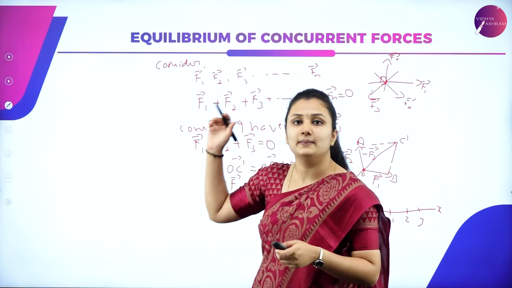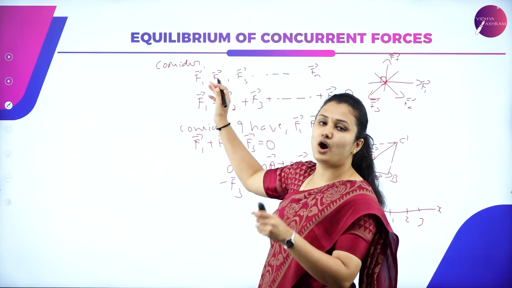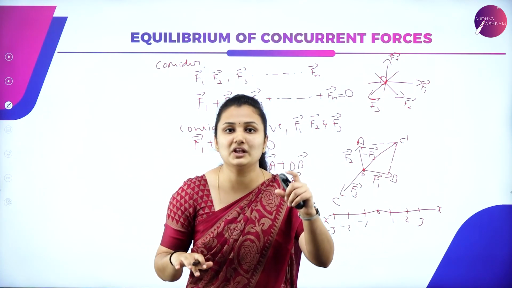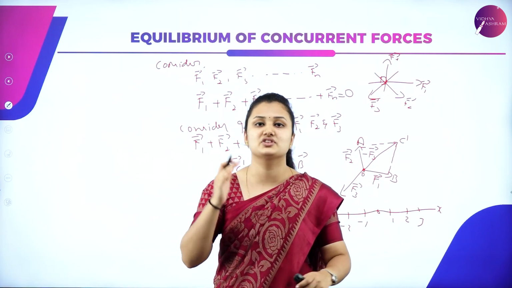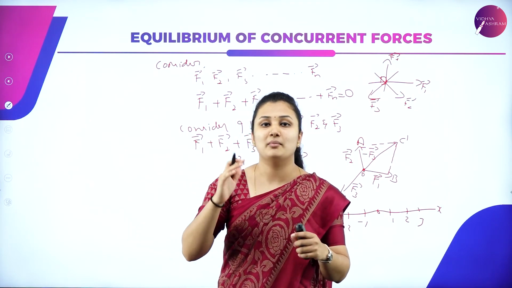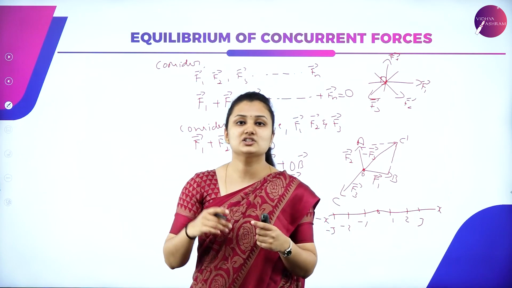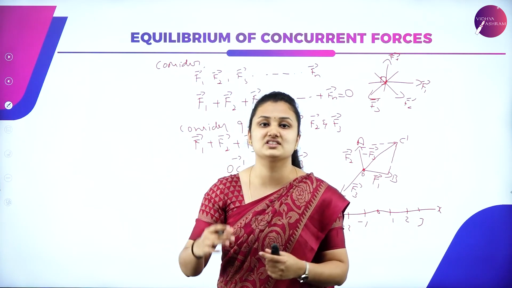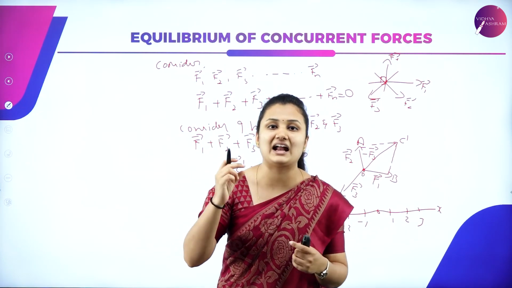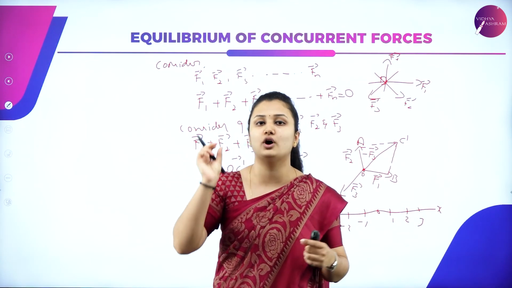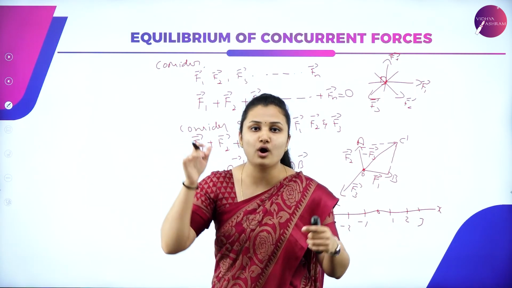Next, we studied the equilibrium of concurrent forces. Equilibrium means the net external force is equal to 0, the magnitudes are equal and the directions opposite, so they cancel out. We studied concurrent forces, a number of forces acting at the same point of the object, passing through a common point.